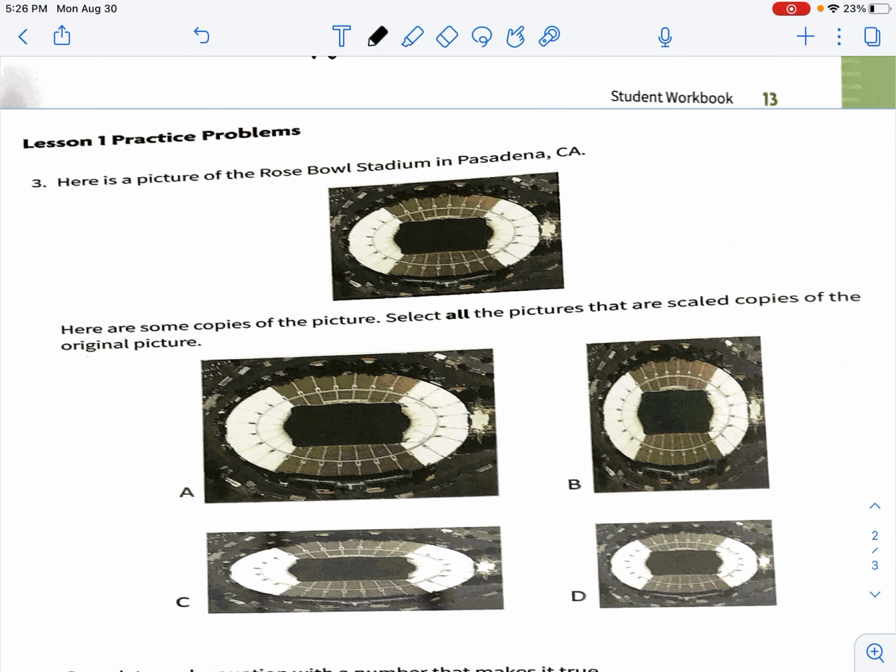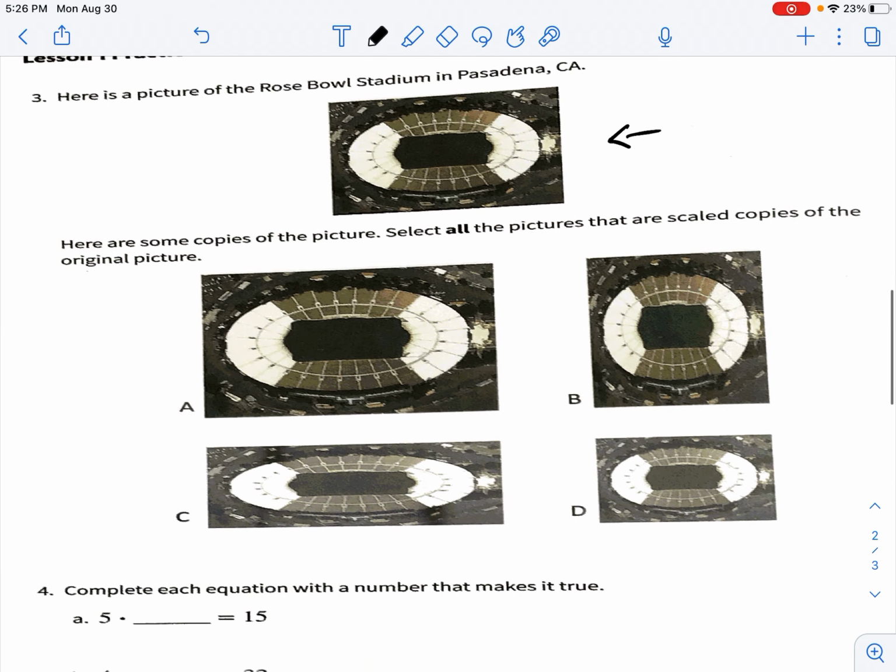Okay, number 3, here's your original. Which ones of these look like it is a scale copy? So this one looks like they compressed it. Height has stayed about the same, so that one would be no. A is, and we're not needed to measure here, but just by looking at it, this one doesn't have as much of an oval.